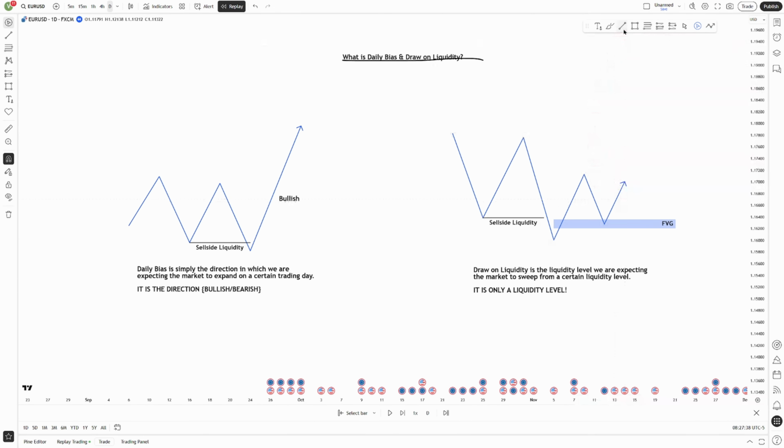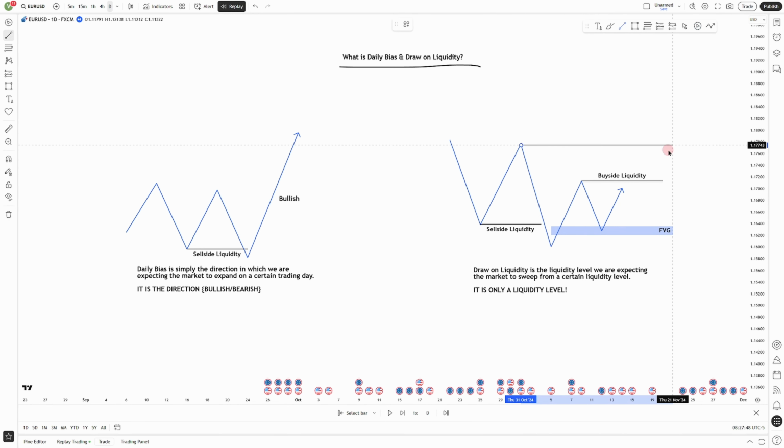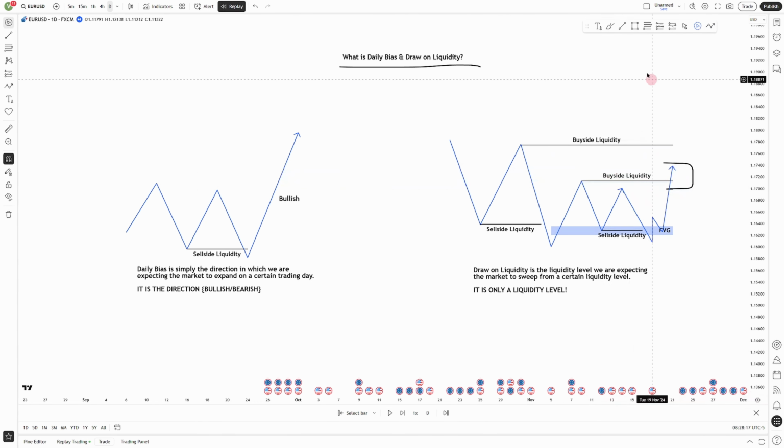A buy-side liquidity is resting above, and there is another buy-side liquidity resting above that. Now suppose we are expecting price to sweep this buy-side liquidity level, but only after the sell-side liquidity sweep and at the fair value gap. Then price exactly does the same. So what is this? This was our draw on liquidity. Now let's move on to the charts and look at how it works.